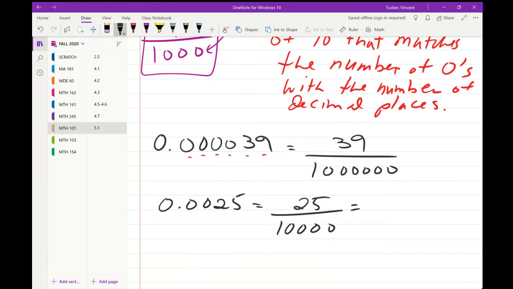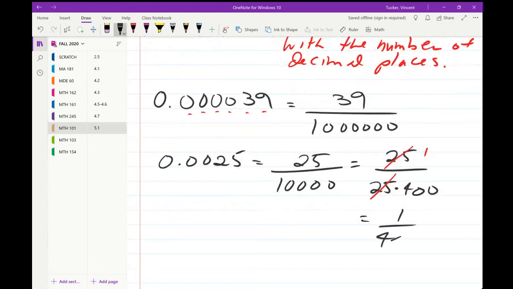Now we can reduce that, because 10,000 is 25 times 400. The 25s cancel. It's 1 over 400.